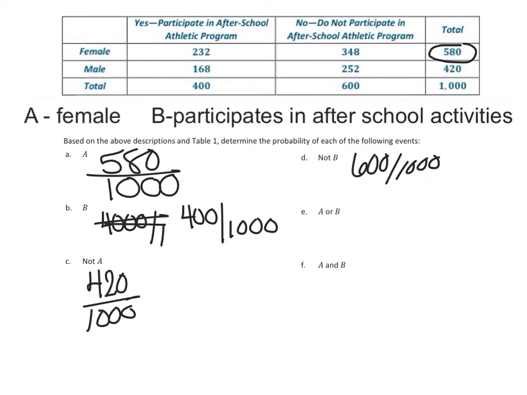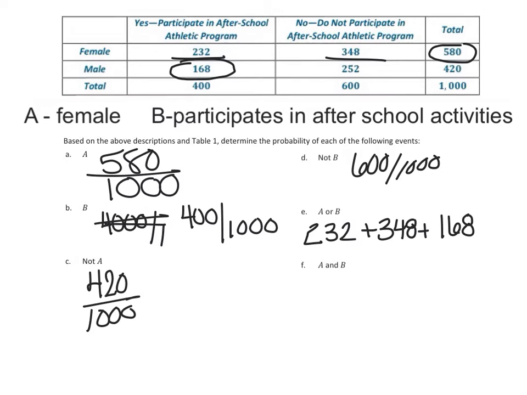Now we could be A or B. That means you could be female, so you could be 232 if you participate, or 348 if you do not participate. So 232 plus 348 plus, now you could also participate in after-school activities. We already counted the 232, but we'll also have to add on the 168.